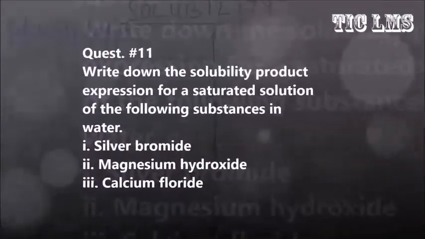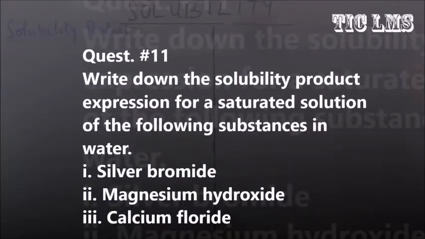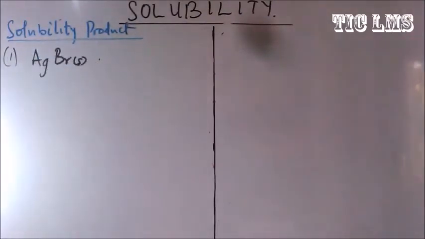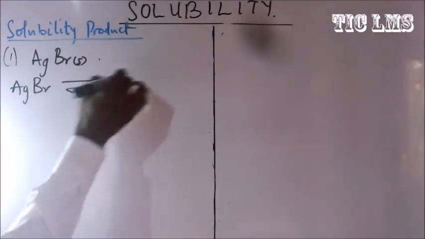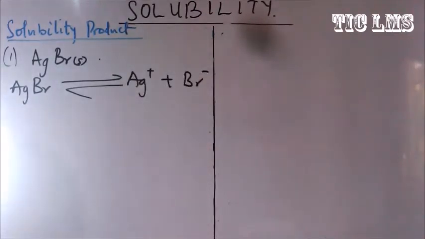The question says that we should write down the solubility product expression for a saturated solution of the following substances in water. Roman figure 1, silver bromide, Roman figure 2, magnesium hydroxide, Roman figure 3, calcium fluoride. Now let's take the first one, silver bromide, which is a solid. When it is dissolved in water, it produces Ag plus and bromide minus.